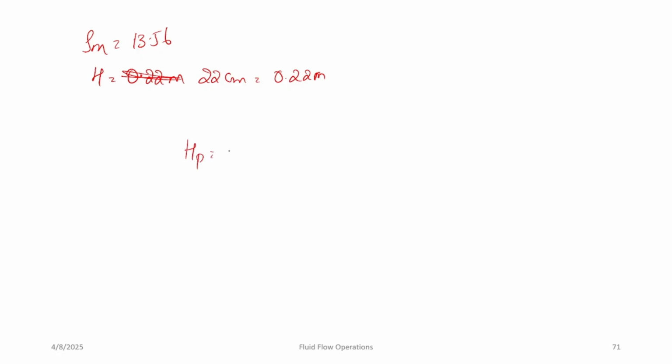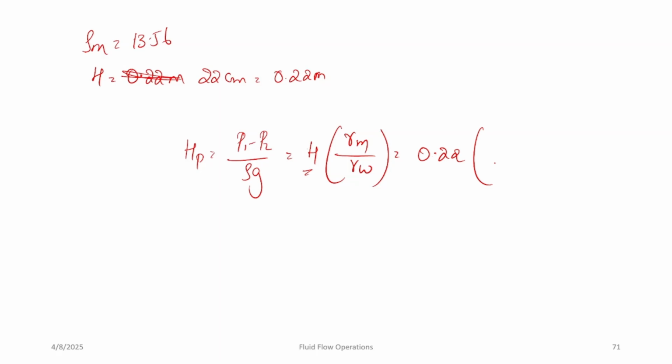So HP will be equal to (P1 minus P2) by rho G, right? Which again is equal to H into gamma M by gamma W. H is already given, that is 0.22. This is 13.6, that is density of mercury by density of water, 1.